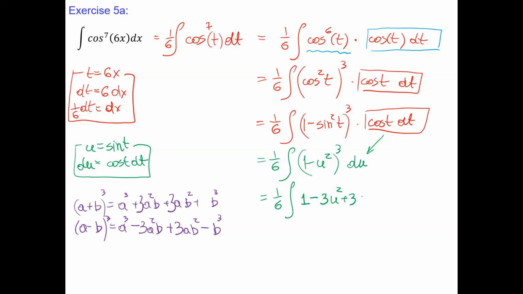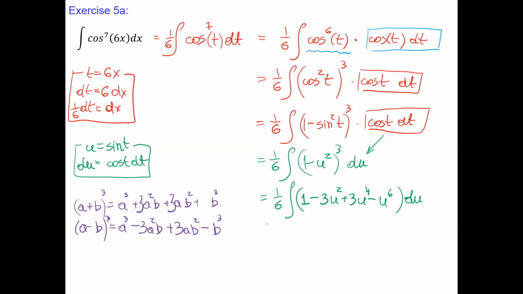That means I have to square u squared, u to the 4, and minus the last quantity cubed. U squared cubed will be u to the power of 6. I think it's not bad. You can also FOIL. Yes, you can basically take 1 minus u squared times 1 minus u squared times 1 minus u squared. But I use the polynomial.